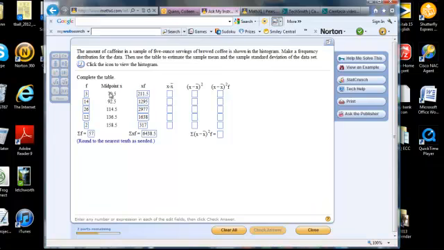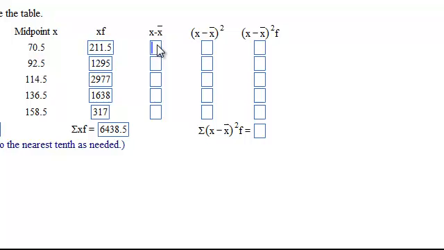So 70.5 minus 113 is negative 42.5. 92.5 minus 113 is negative 20.5. 114.5 minus 113 is 1.5. 136.5 minus 113 is 23.5. 158.5 minus 113 is 45.5.